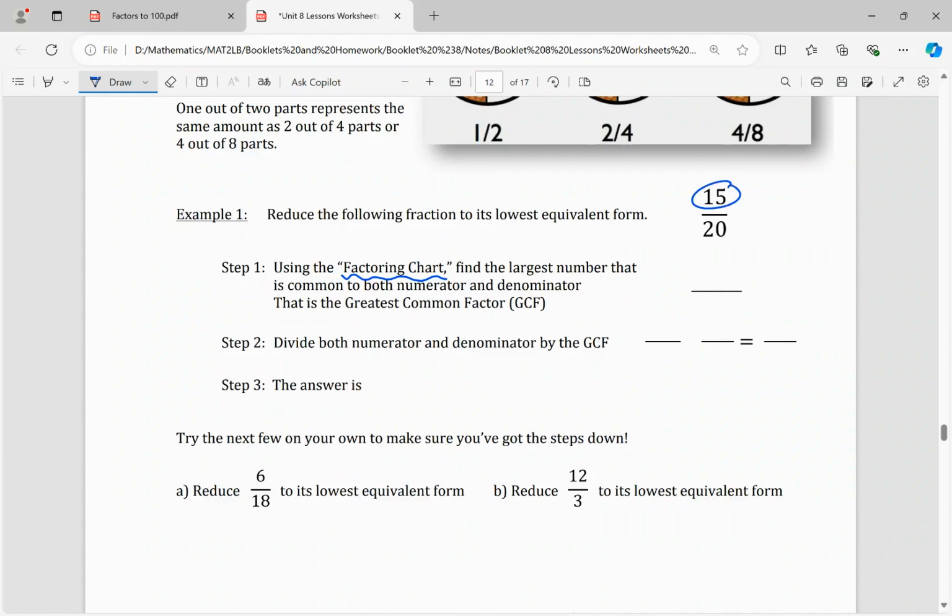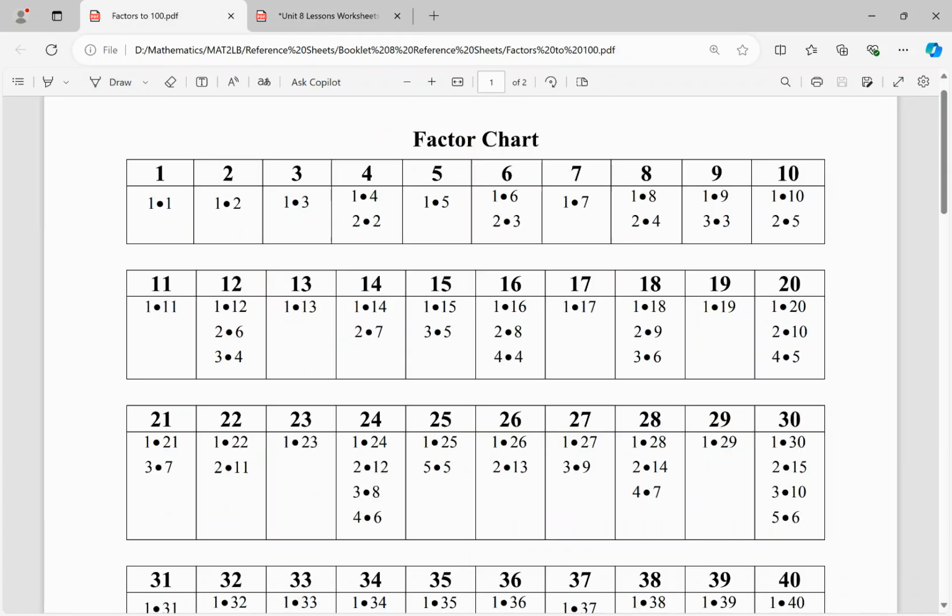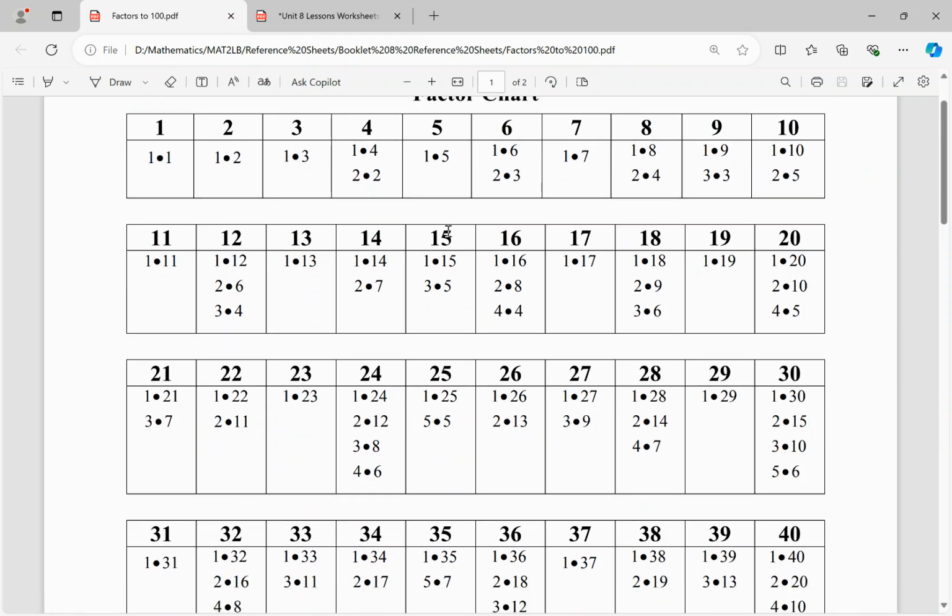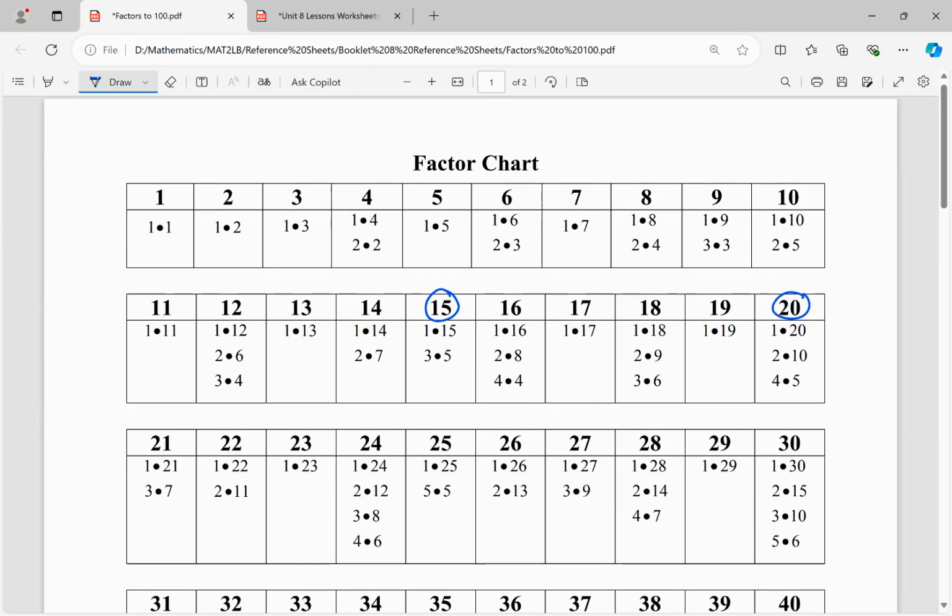That is 15 and 20. So jumping over to the factor chart, here is 15, here is 20. And what you're going to do is you're going to look below both of these headings and you are going to find the largest number that they have in common.